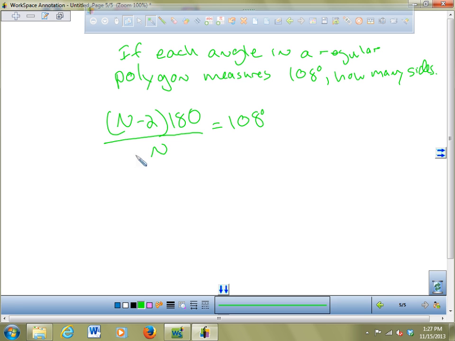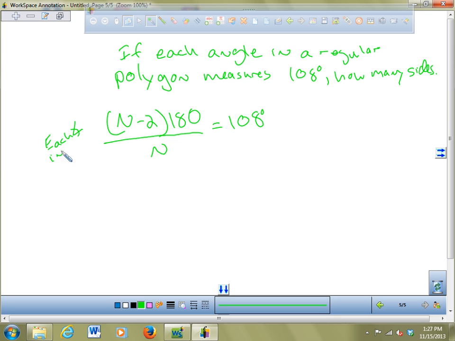Why? Because this is the sum of the angles, and this is how many sides it has, right? And if all of them are the same, then I could just divide by the number of sides, right? So this formula, by the way, is for each angle.